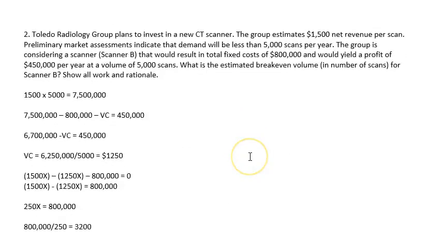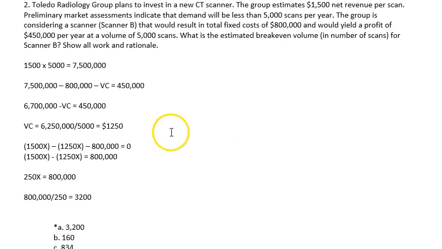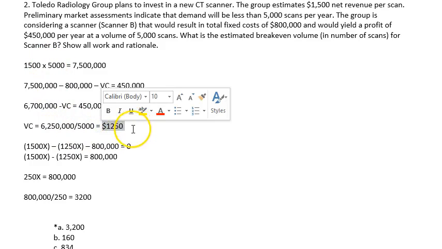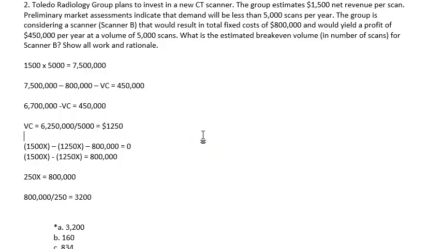And then for the other one, we had to get variable cost and then take it a step further into number of scans. But in this case, as we progressed through the equation, we still calculated that variable cost at $1,250. So remember that. I'll skip the steps on calculating the variable cost per scan because we've already done it.